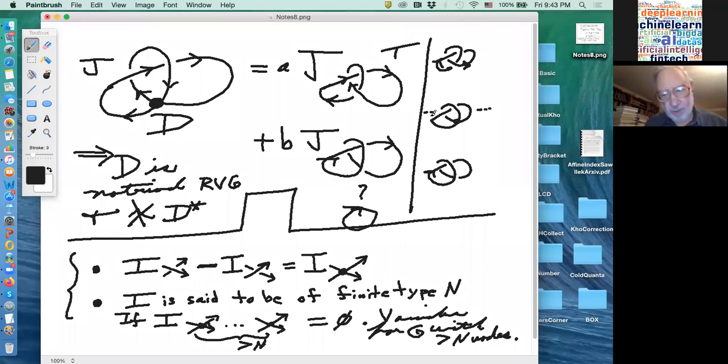Now, what I want to show you is one thing, is the very first lemma of the Vasiliev theory, and then you'll see why I'm telling you this.